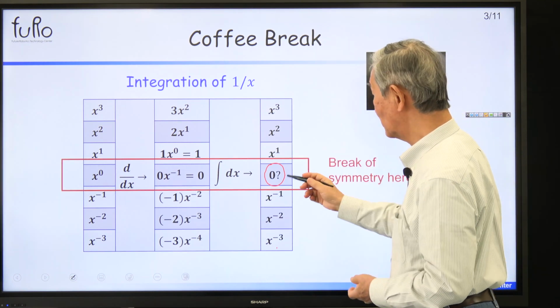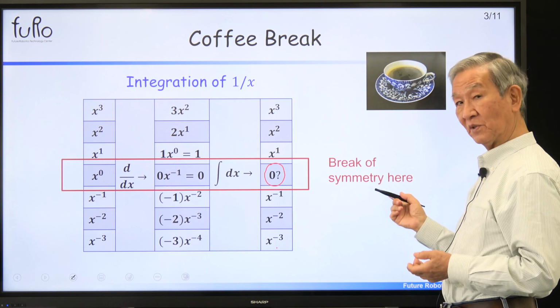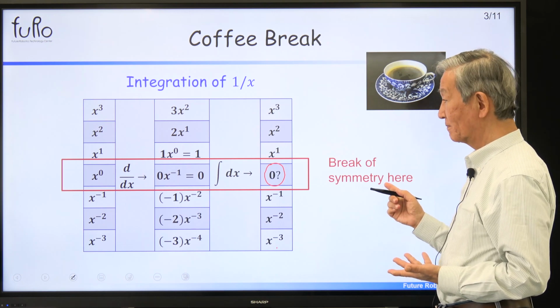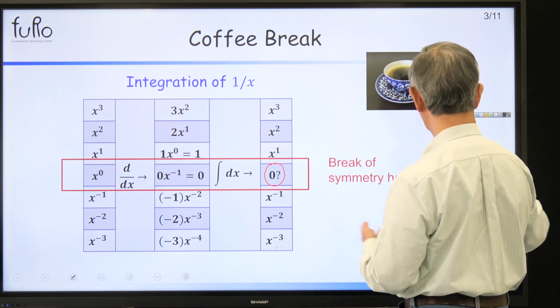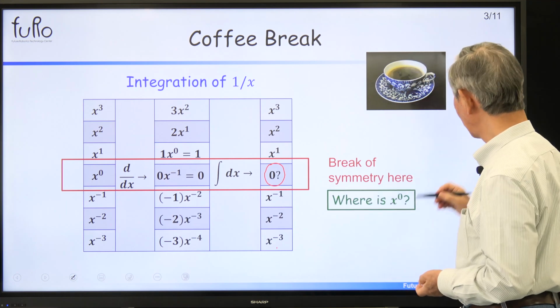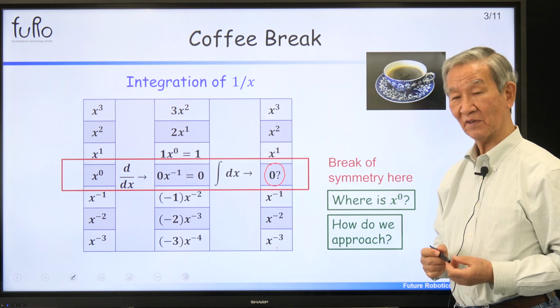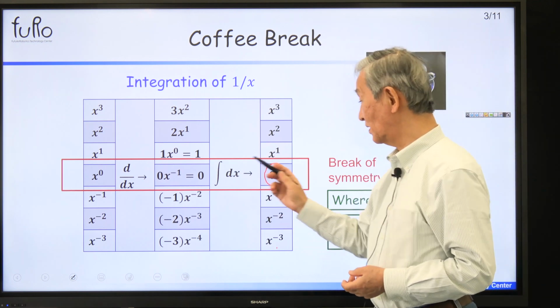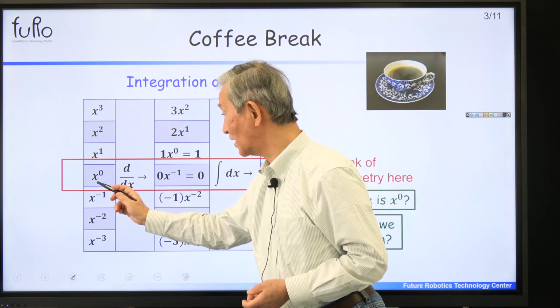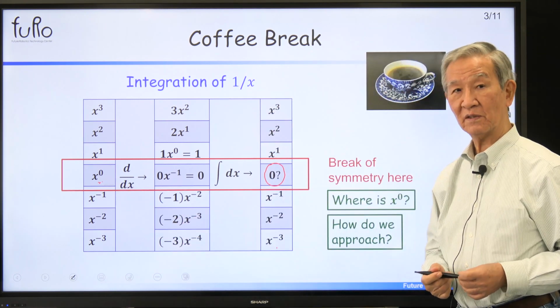Meaning that here, this is a place where symmetry is broken. Okay? What's going on there? Where is x to the 0th power? How do we approach this one here? In other words, integrating that, we cannot come back to x to the 0th power.